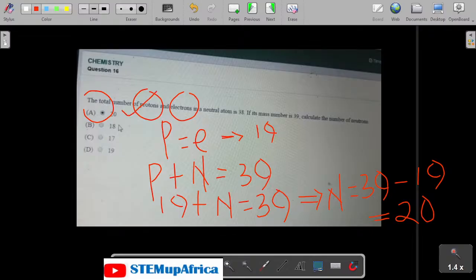Please take note, this can only happen for a neutral atom, meaning an atom with no charge, such as sodium. It's different from when you are dealing with an ion. This is just a neutral atom, so protons and electrons are the same.